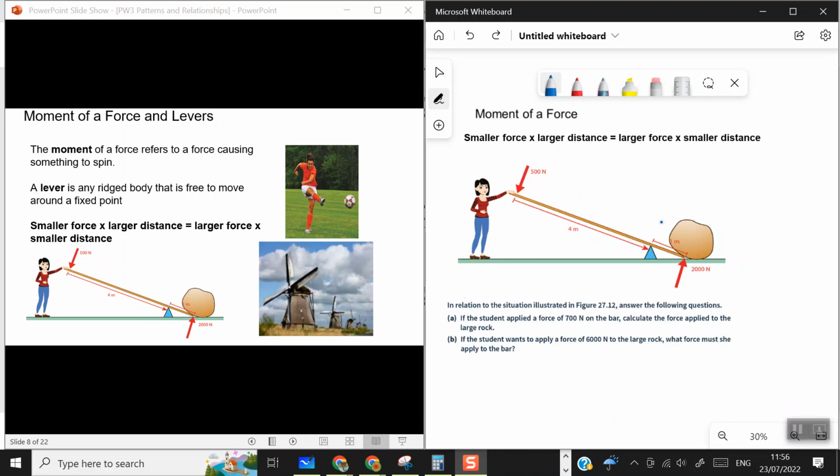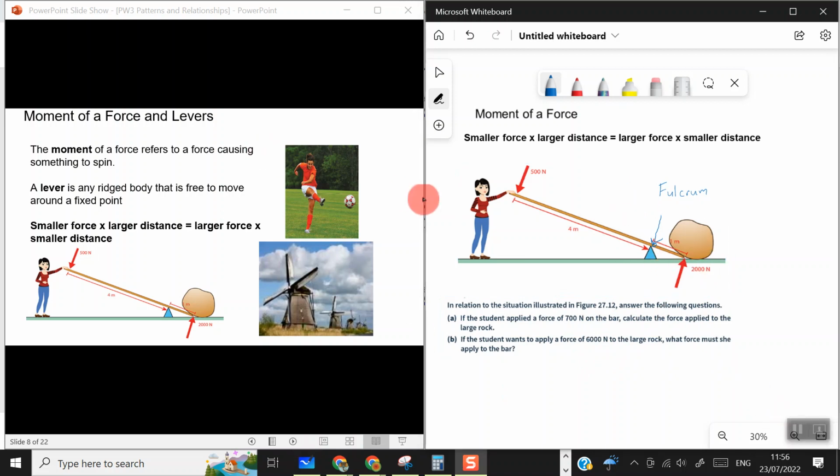This fixed point has a name, it's what's called a fulcrum. So this is what's known as the fulcrum here. It's the fixed point around which it can move. We're going to look at other examples of levers as well, but we'll focus on this particular example.